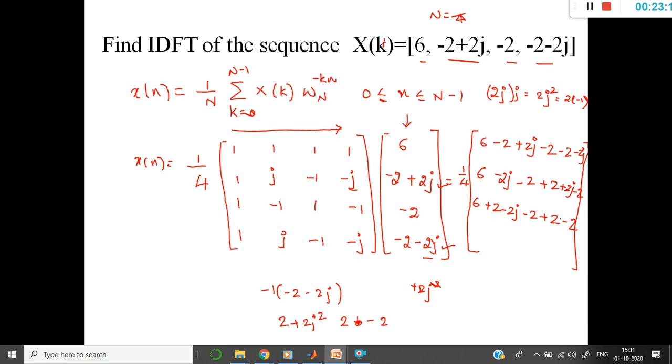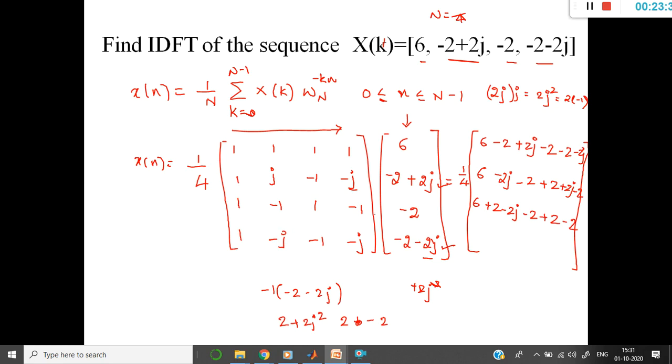Again here, this will be plus 2j, I think, right? In the second row or the third row? Sir, fourth row, second column, sir. Fourth row, second column. Minus j, sir. Fourth row, second. This is minus. Oh, I'm sorry. This is minus j.